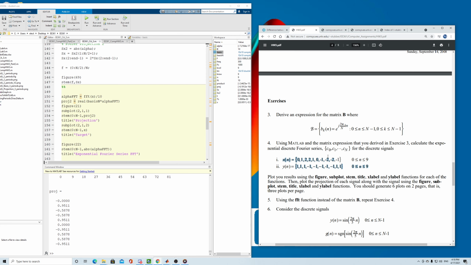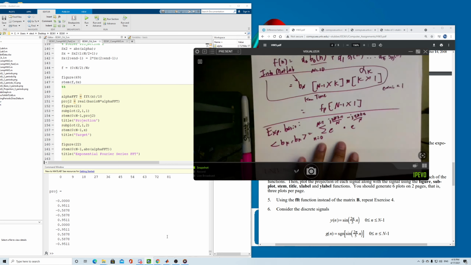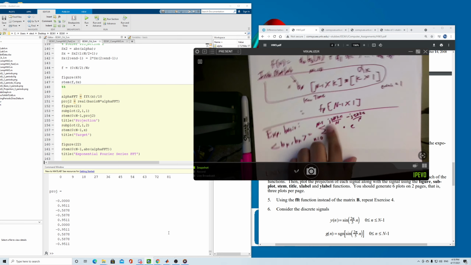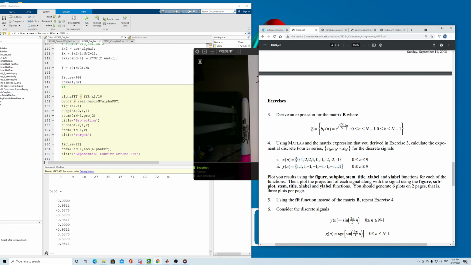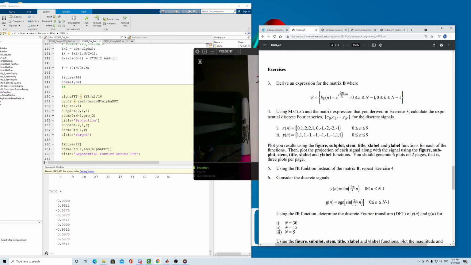and we're at 52 minutes, so we gotta wrap this up. Exponential discrete Fourier series. Well, from what I can tell you, that is literally this right here, and everything we just did for all the previous signals.